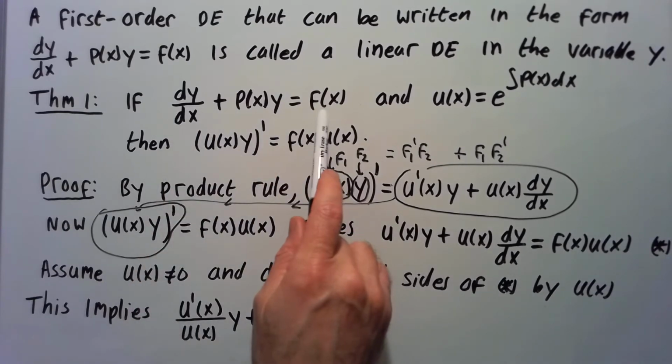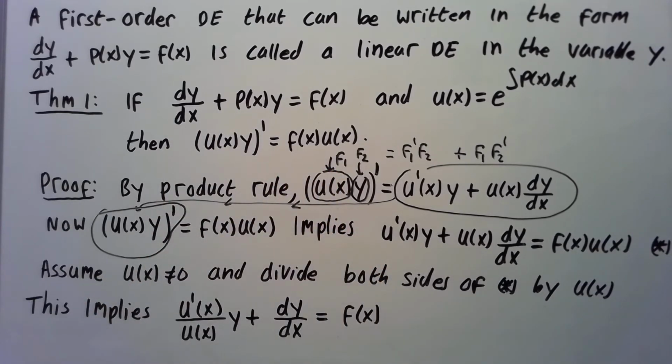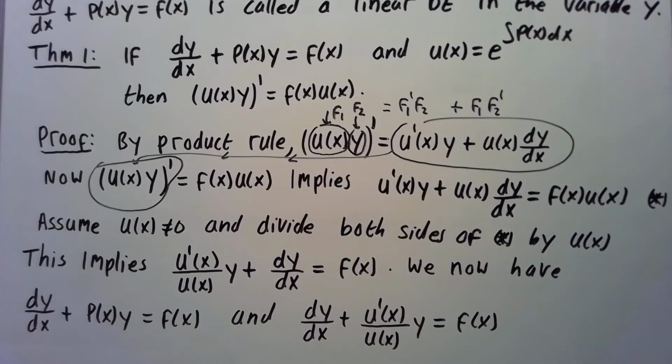We're going to equate them now. We have the original guy up here, and we have this guy here. I just put my dy/dx first. So we have these two things must be true. They both equal f. They both have dy/dx.